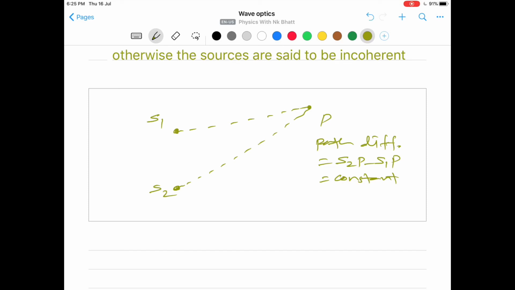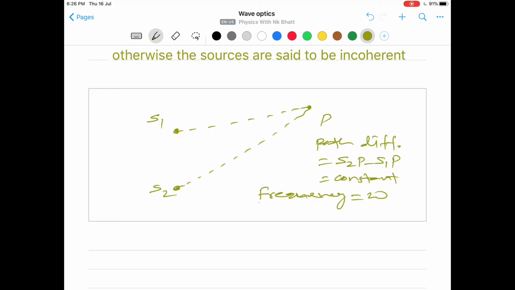In that case, the second condition of sources to be coherent is satisfied. Moreover, if they produce the waves of same frequency omega, then these two sources would be coherent.